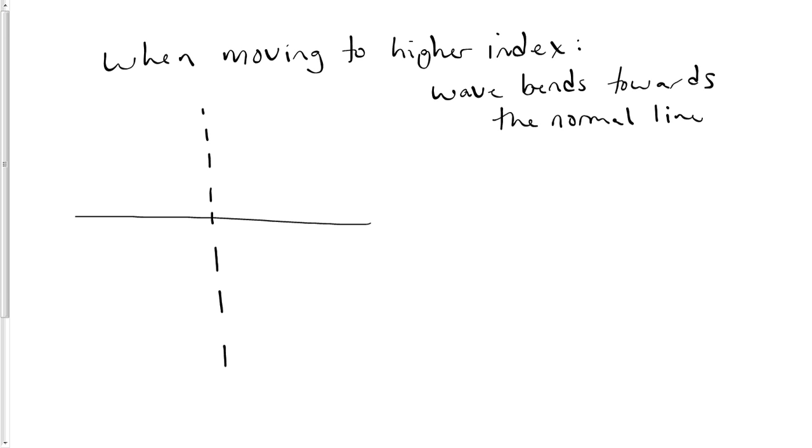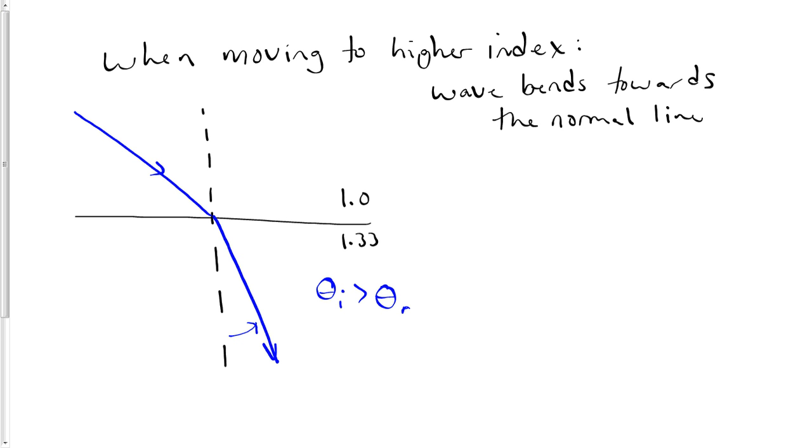So when the light ray comes in here, say we're going from air, which has an index of 1.0, basically, to water, which has an index of 1.33. You're going from a low index to a higher index, so it's going to bend towards the normal line. That means, in this case, theta I is going to be greater than theta R. That is always the case when you go into a higher index. You always bend towards the normal line.